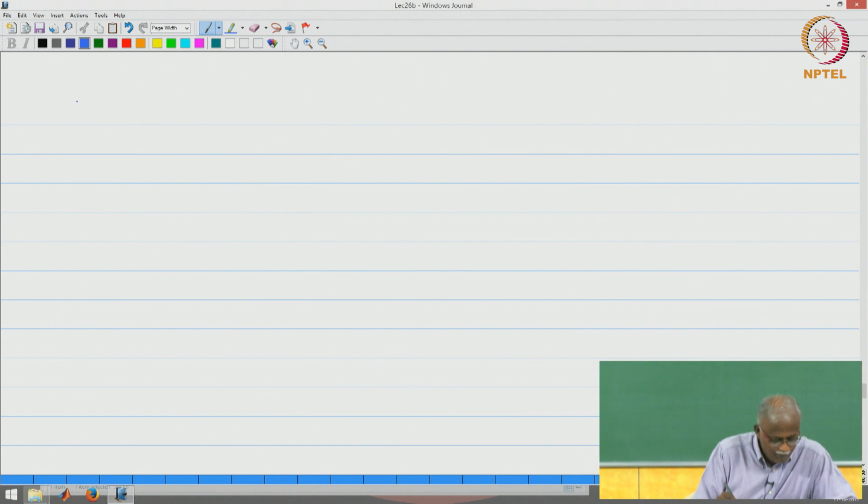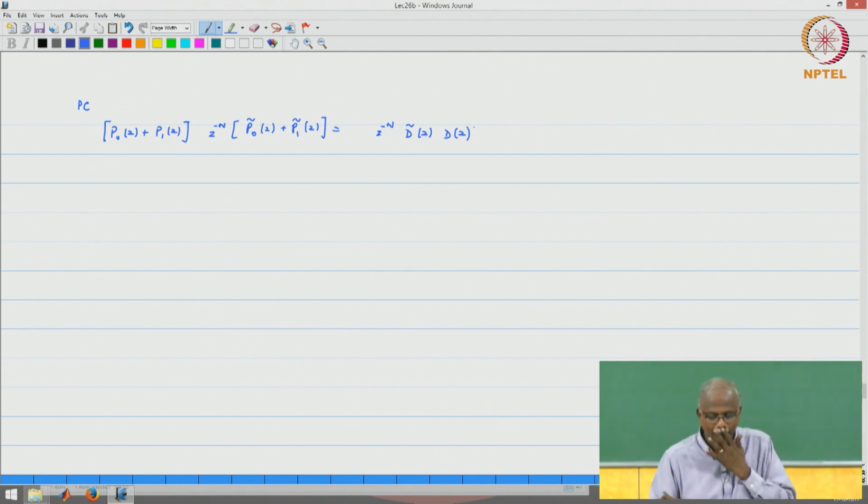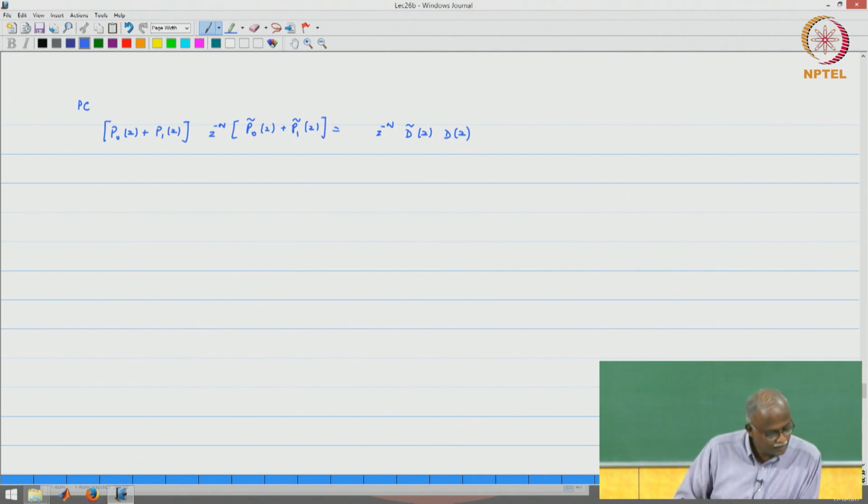We said that the power complementary constraint can be written as P naught of Z plus P1 of Z, and Z power minus n P naught tilde of Z plus P1 tilde of Z, equal to the expression that we have, Z power minus n d tilde of Z d of Z. Did we get that correctly? I think so. If I did make a mistake, just catch me on that.